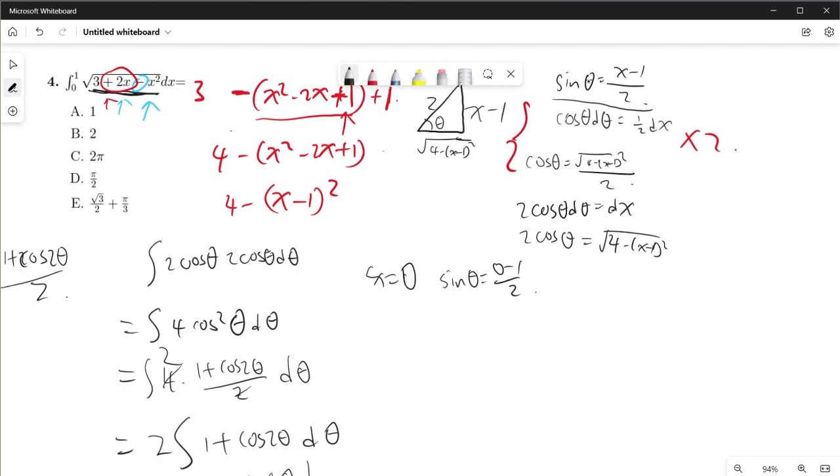I'm thinking about just the 30, 60, 90 triangle, where this is 1/2, but now it's negative, so it's just the negative range of negative pi over 6, negative 30 degrees. Think about the unit circle. So this would be negative pi over 6, whereas for x equal to 1, sine theta equal to 0 over 2, which in that case is just 0.